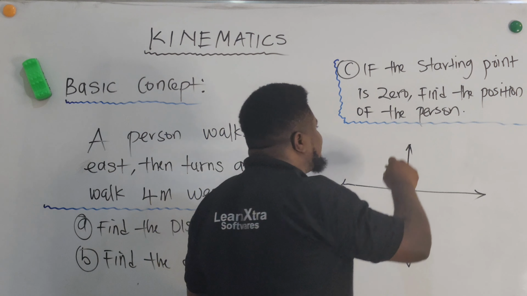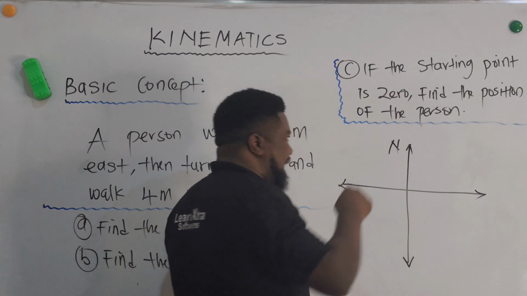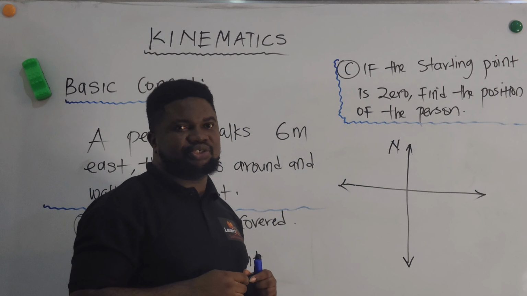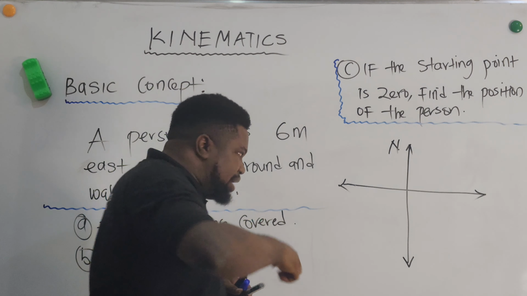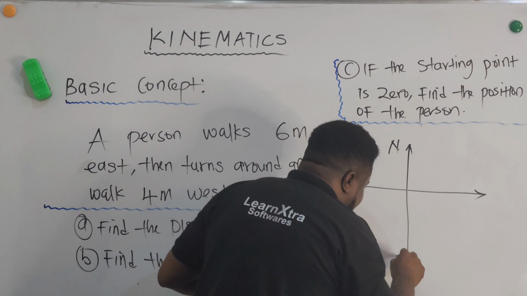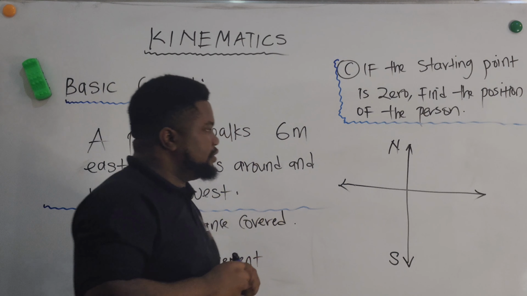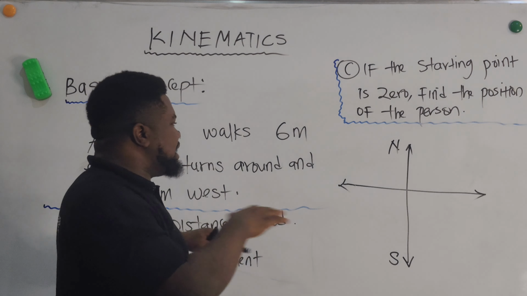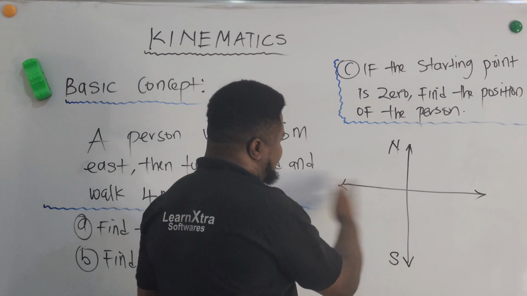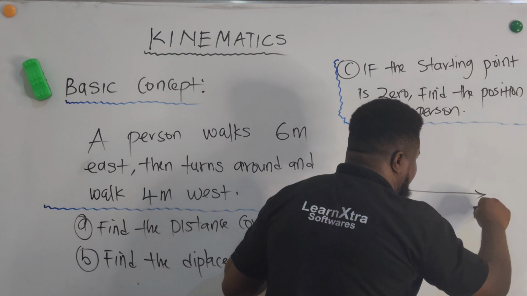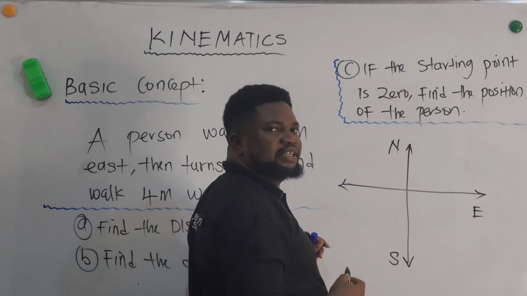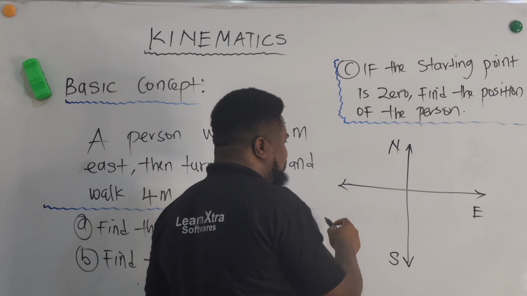Your north is the path up. Your y-axis is the north. Then your negative y-axis down is the south. The x-axis here is positive, here is negative. The positive side is your east. The negative x is your west.